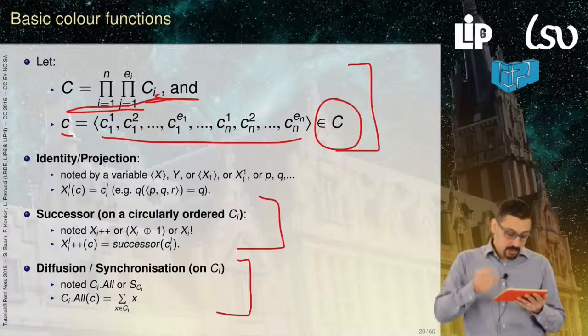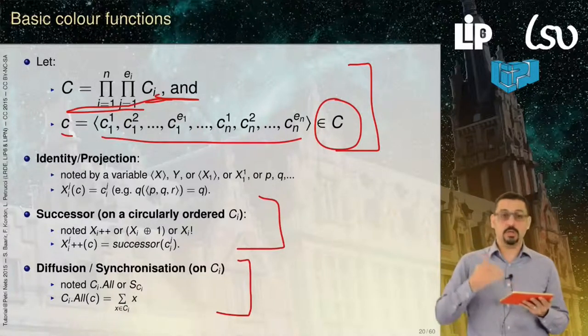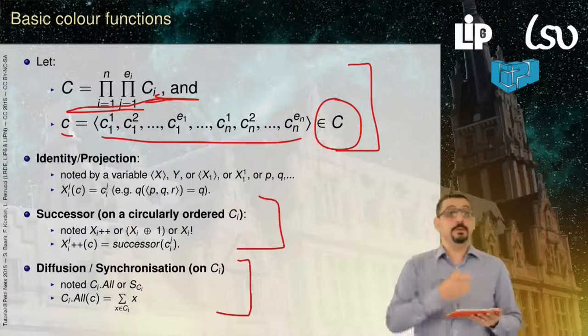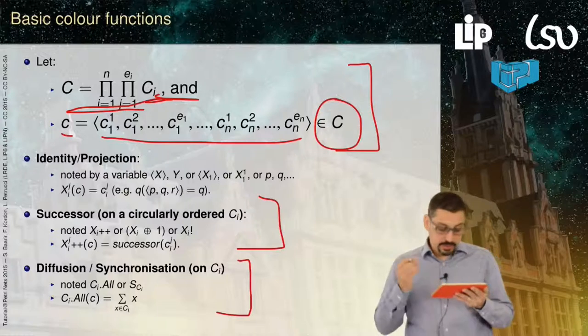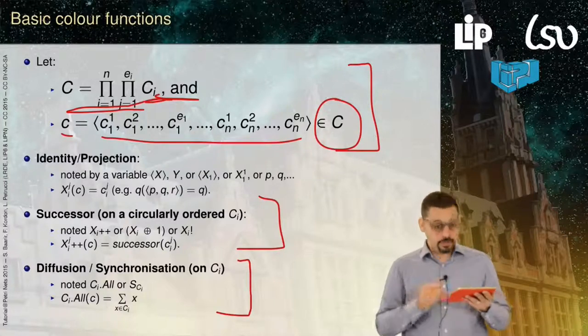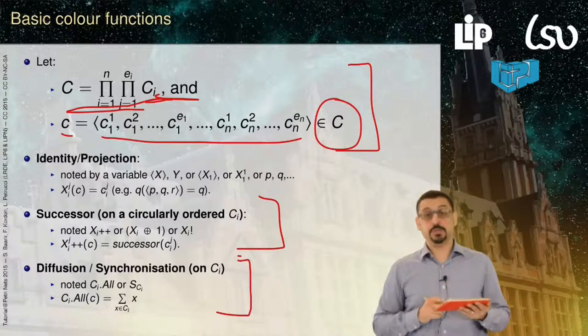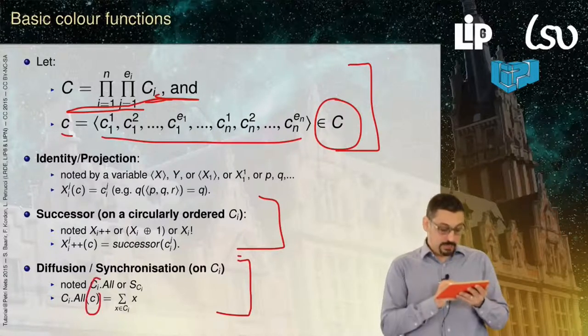The same holds for the successor function, while the additional point is that you have this successor or this ordering that comes in front. And the third point here is the diffusion, which is a constant function. It doesn't depend on the parameter c.